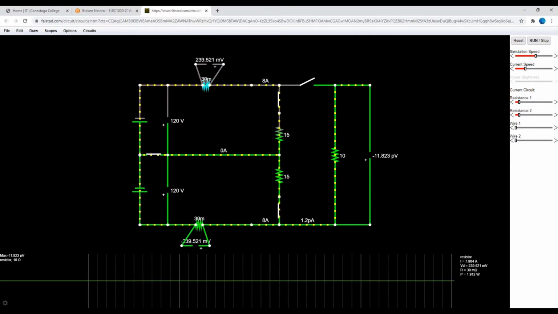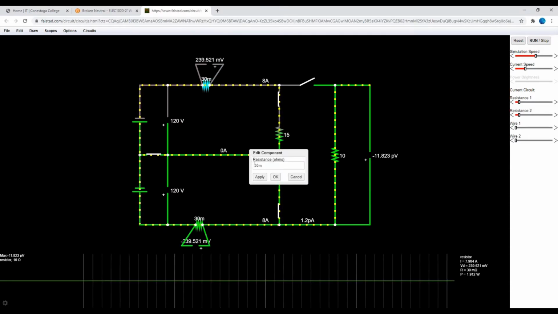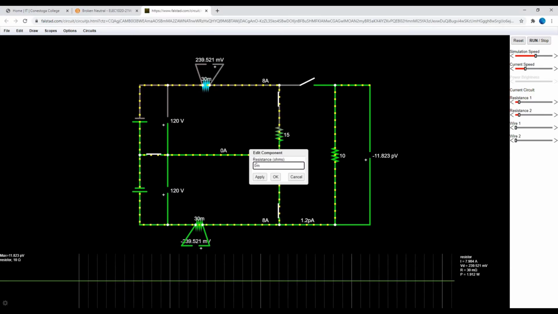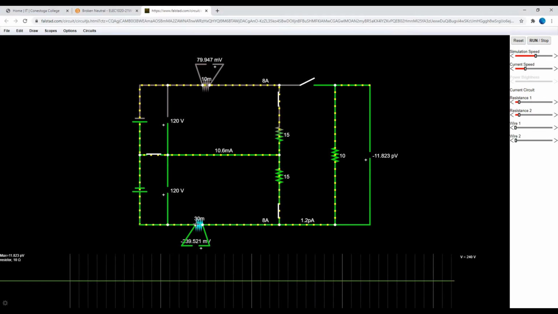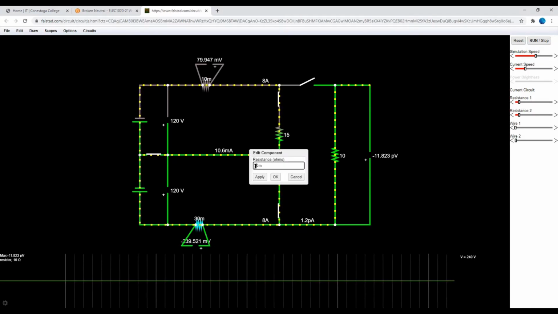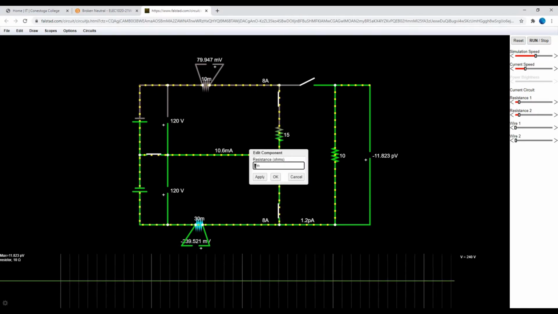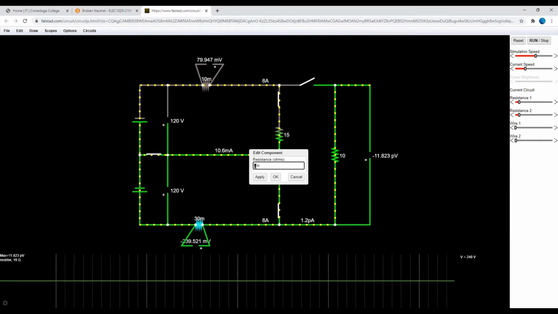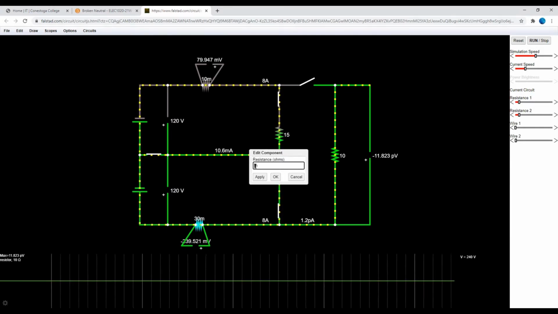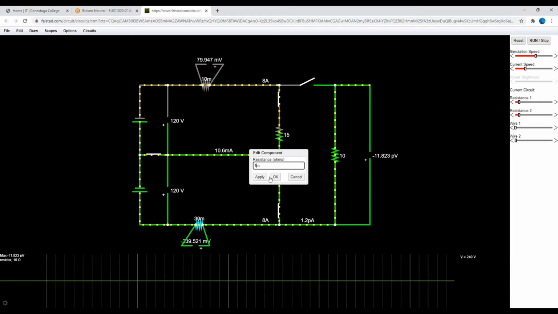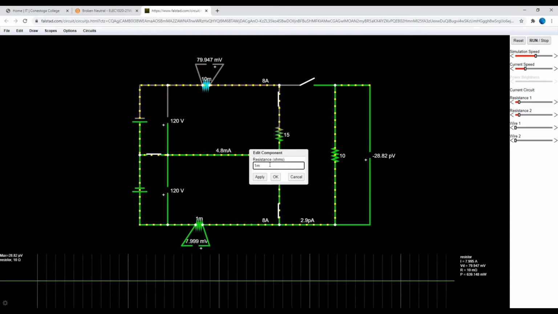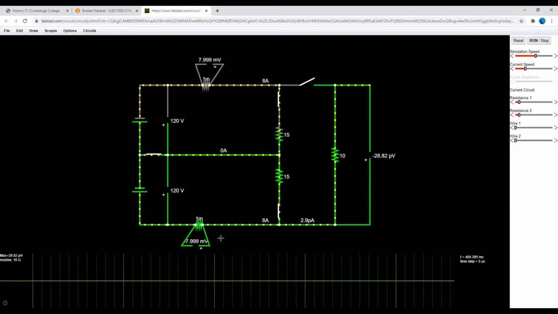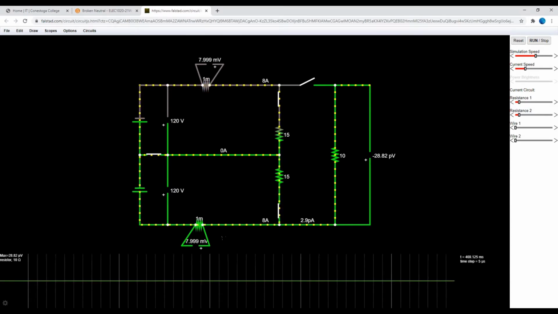30 milli. Let me see if I can go something smaller than this. Maybe 10. We'll take 10. Okay, I think that's the minimum that I can get, 1 milliohm.